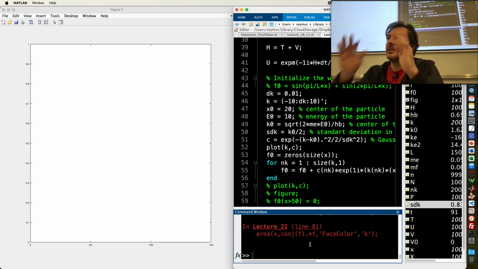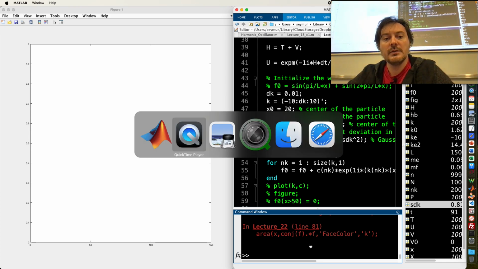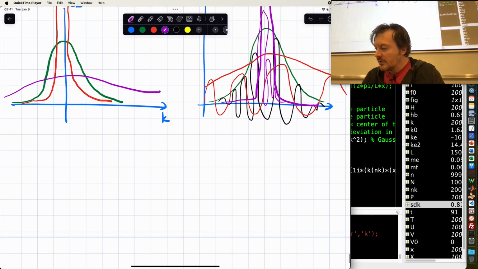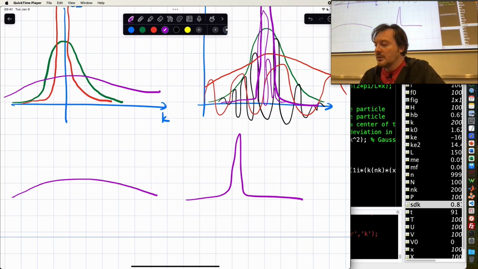What did I do to make it localized? I increased the uncertainty of the momentum. Exactly. So to get it localized in space, I used a lot of momenta to construct it, which means that that particle's wave function consists of a lot of eigenstates that move at very different velocities.